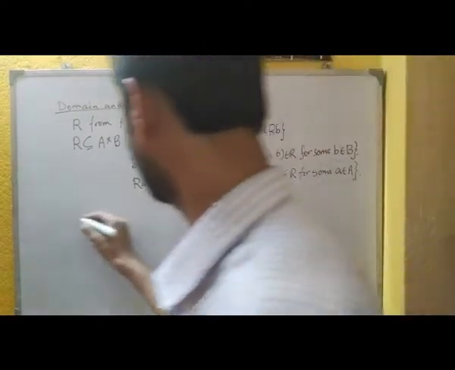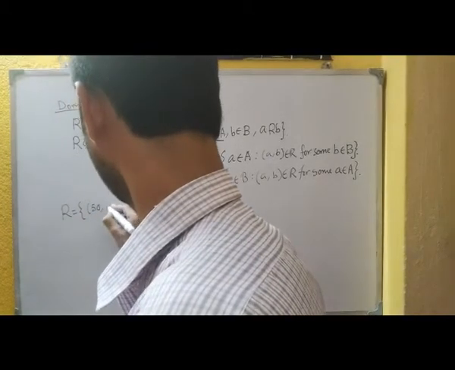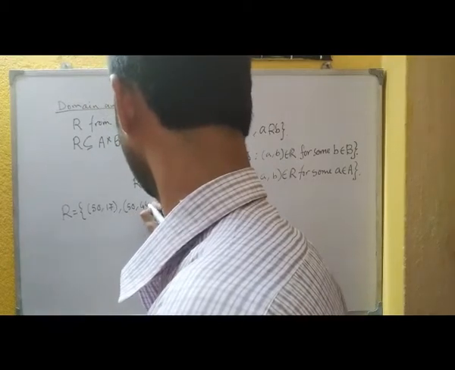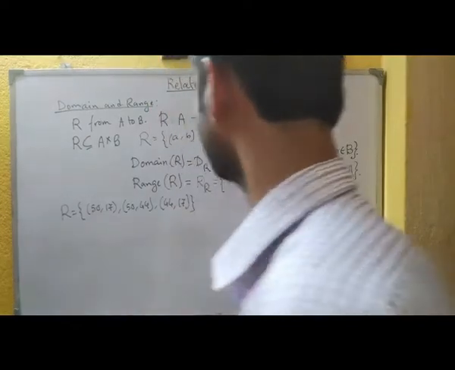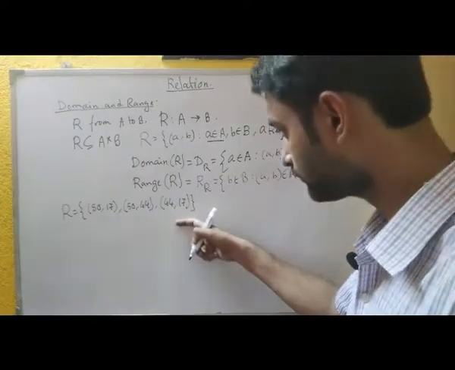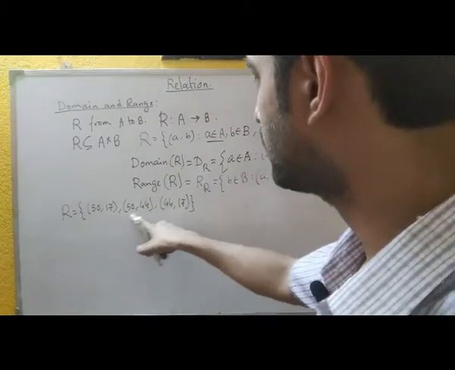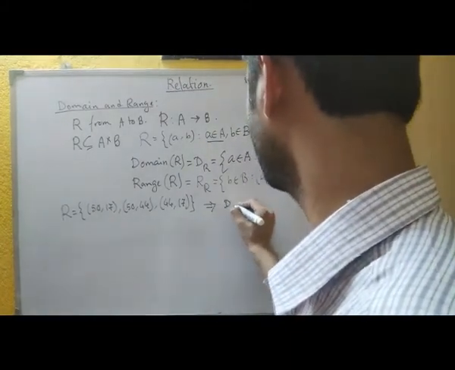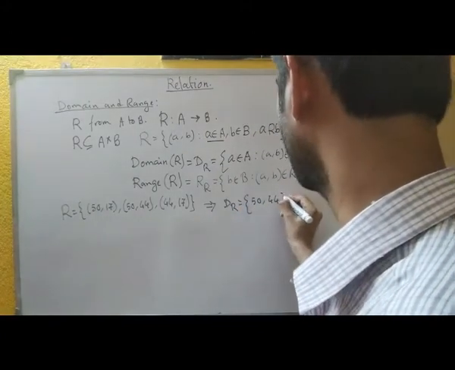So suppose we consider the relation that we have constructed previously with the ages 50, 17, 50, 44, and 44, 70. So see here, what is the domain for this relation? The first elements are 50 and 44. So for this relation, the domain is {50, 44}.